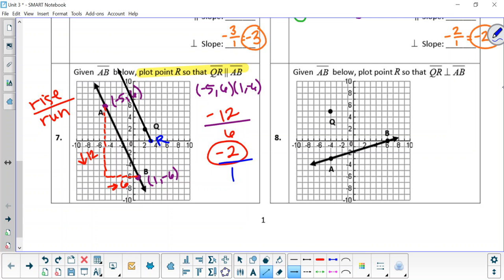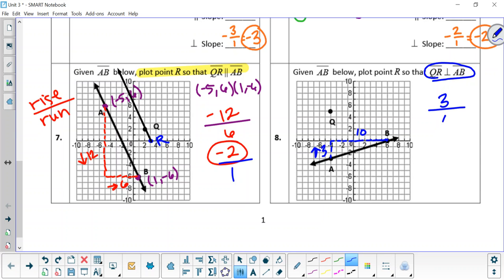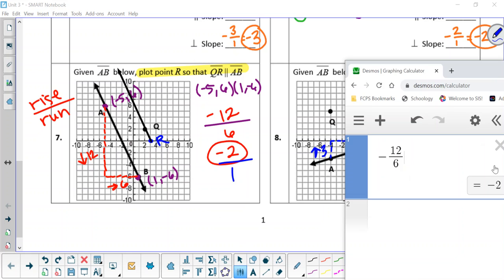Now 8 is similar, so we have to find our slope, but this time we're going to plot one that's perpendicular. So first we're going to start with our point that's closest to the left, and we're going to rise 1, 2, 3. So we went up 3 over 1, 2, 3, 4, 5, 6, 7, 8, 9, 10. So rise 3, run 10. Check Desmos, make sure that's as small as it can go.